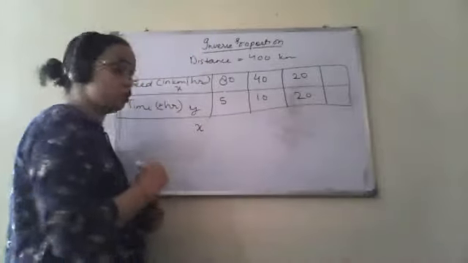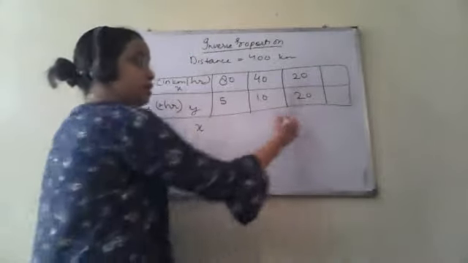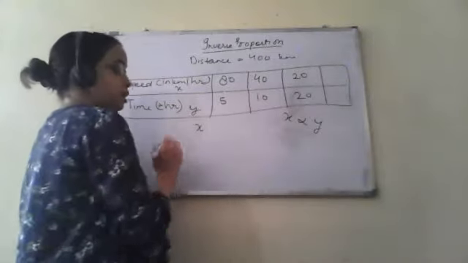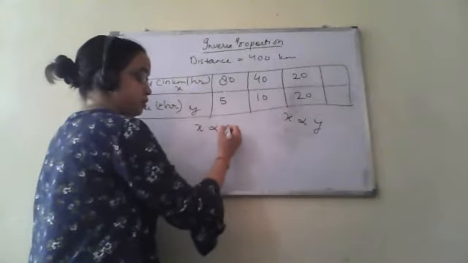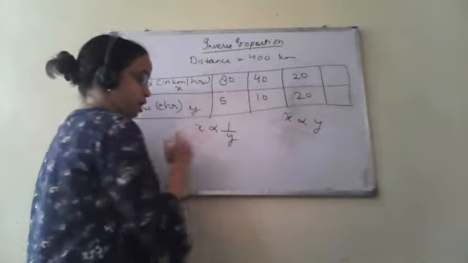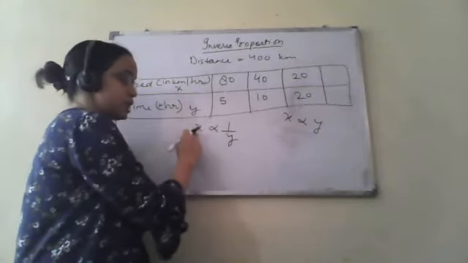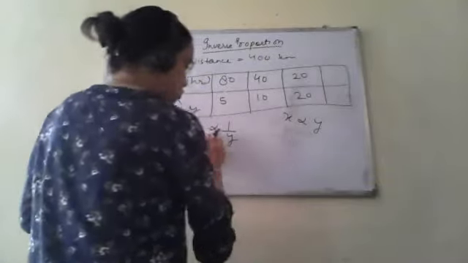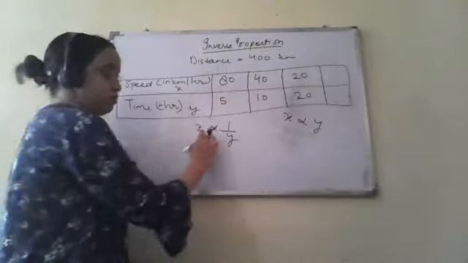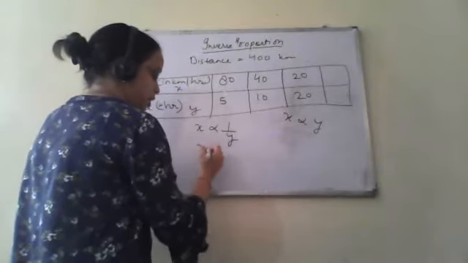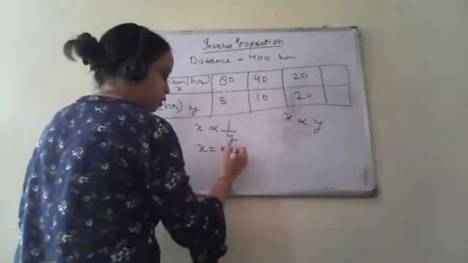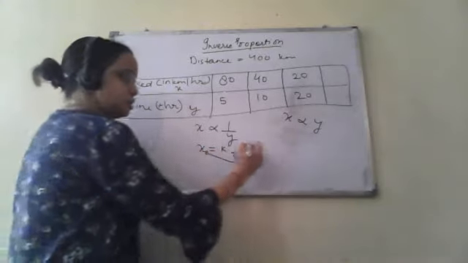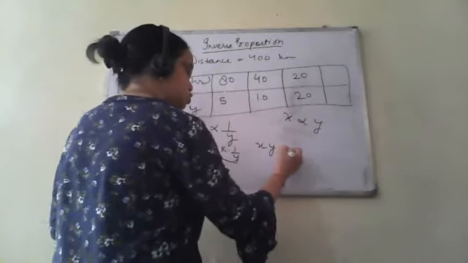And how are we going to represent inverse proportion? In case of direct, we put x is directly proportional to y, and in the inverse case we will represent it as x is proportional to 1 upon y. It means x is inversely proportional to y. So in order to remove the proportionality sign, we can put it as k into 1 upon y. Now if we multiply this by y, what it becomes is xy equals a constant.